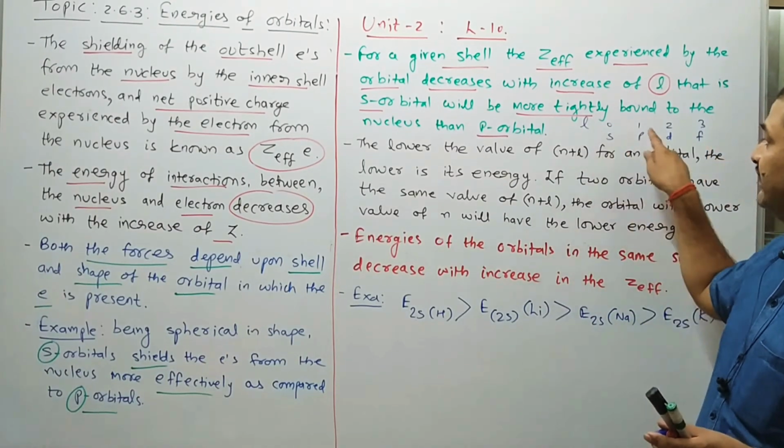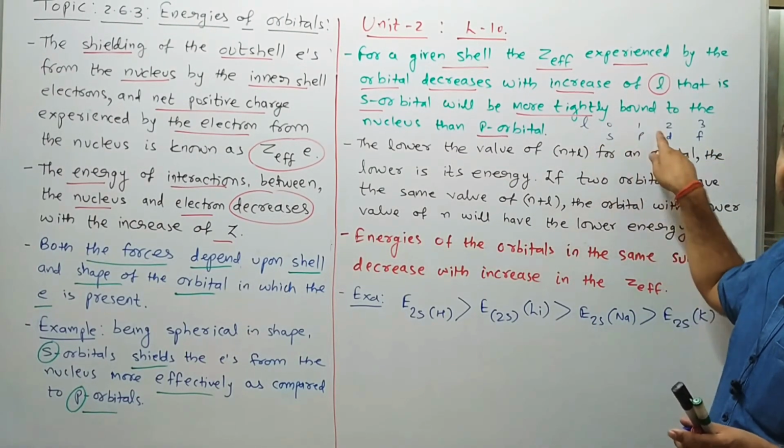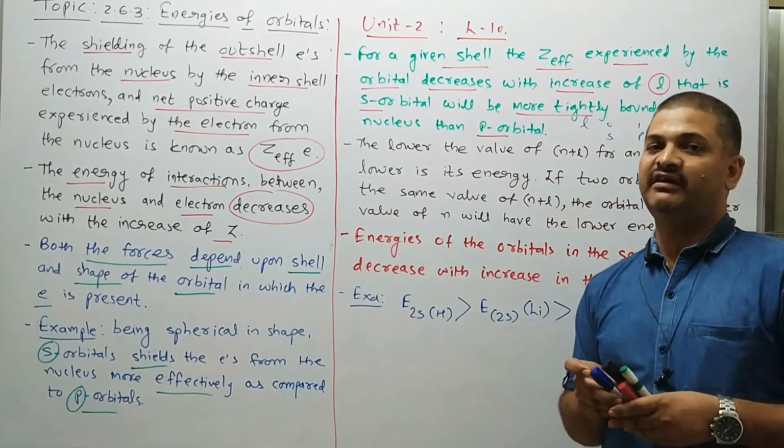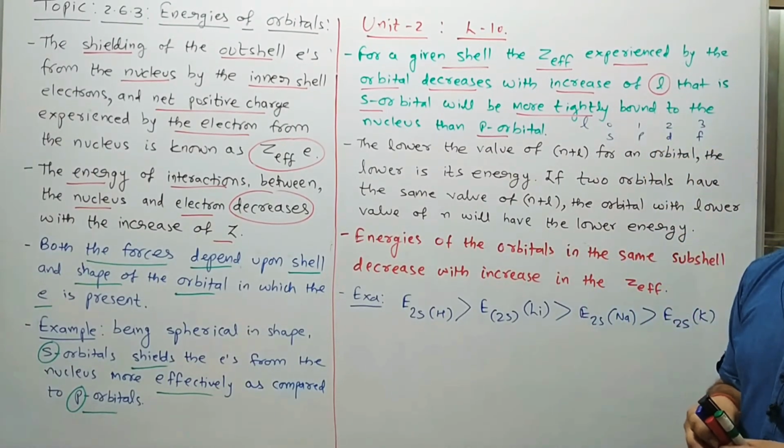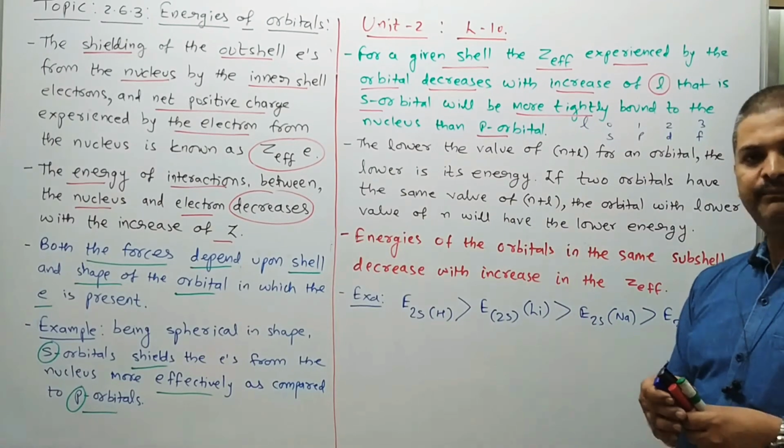It means if l increases, the nuclear attraction will decrease. l is nothing but the angular quantum number.